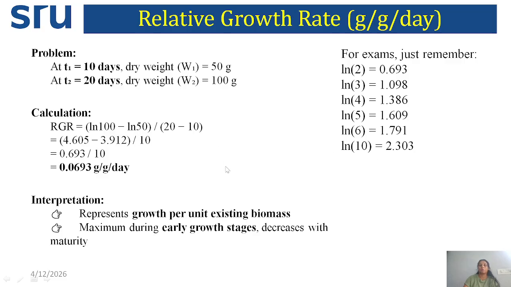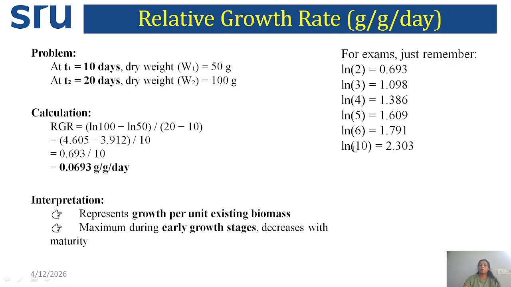We have one more formula: if you multiply n into n, it is ln n plus ln n. I will explain in the next slides. So ln 10 plus ln 10 gives you ln 100. ln 10 is 2.303 plus 2.303, and you will get ln 100.